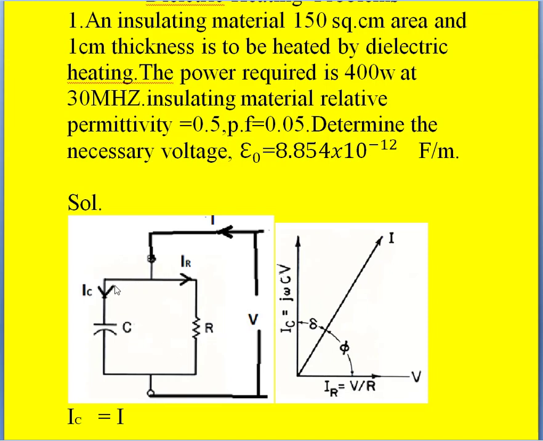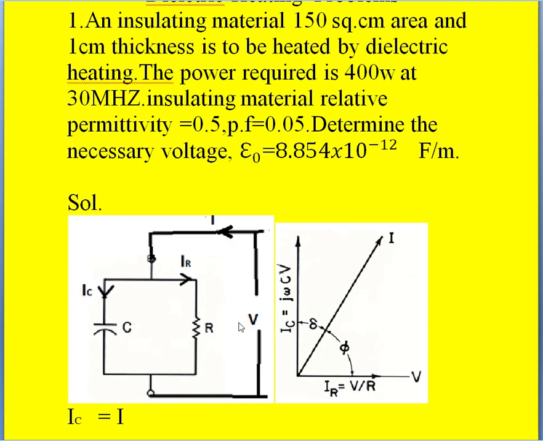The current that flows through the capacitor is IC, the current that flows through the resistance is IR, and the input current is capital I and the applied voltage is V. So for this problem, or in general, we assume that this resistance is very high, so the current that flows through it is very less. So the input current capital I is approximately equal to IC.